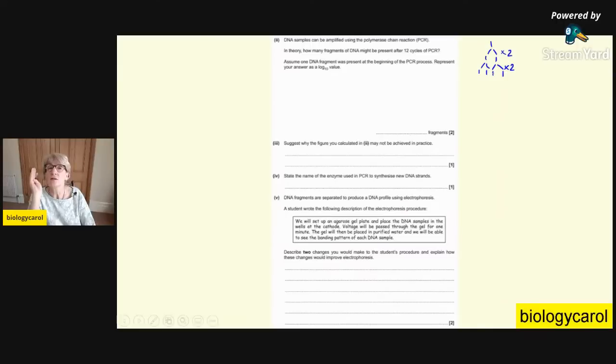Every cycle doubles the number of DNA fragments. So therefore, you've got to do 12 times 2s. In other words, 2 to the power 12, which equals 4,096.